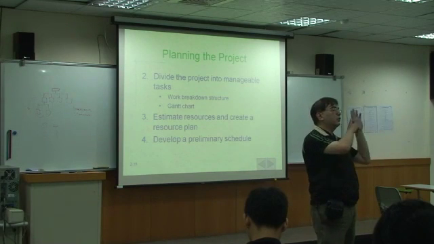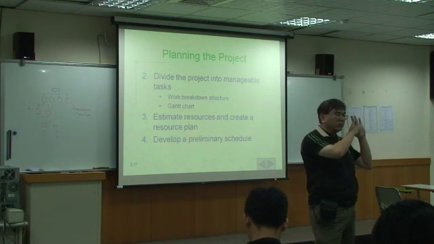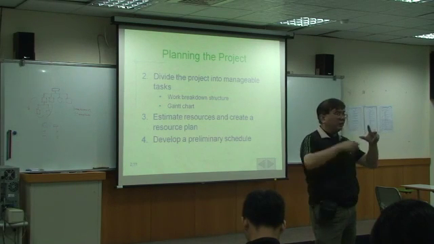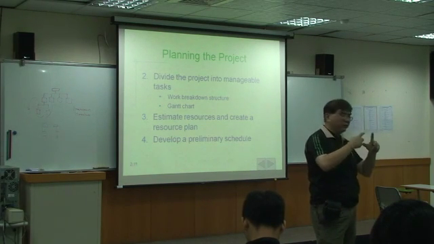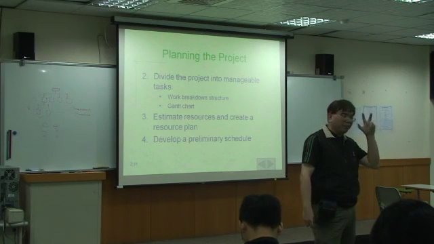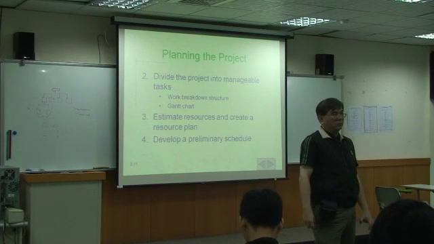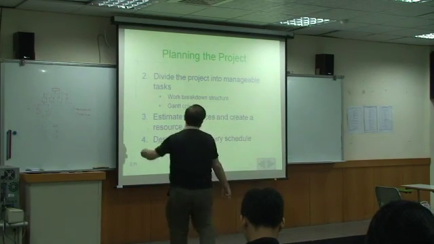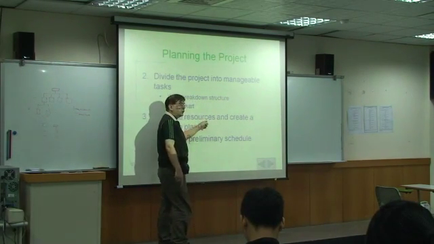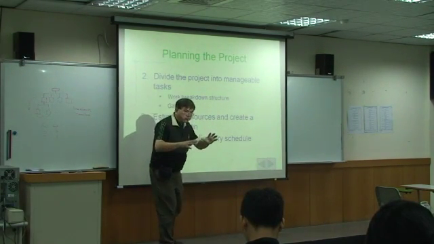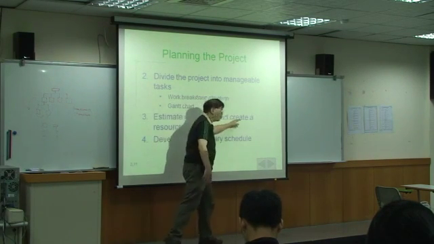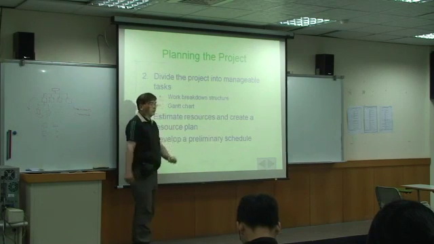So man, machine, material, the 3 kinds must be consistent, or compatible. We call it the resource triangle. You want to keep the balance among the 3 kinds of resource. You must create a resource plan.